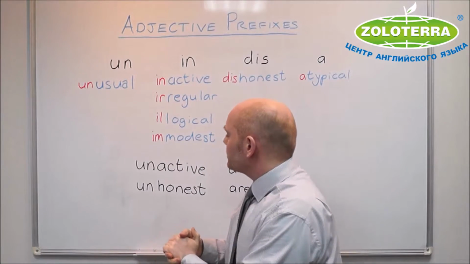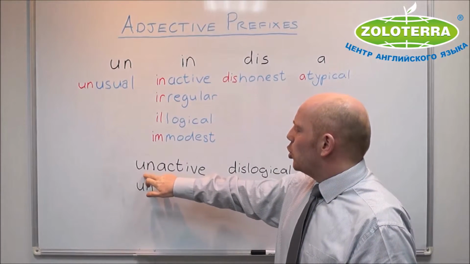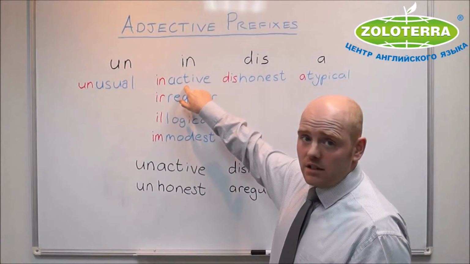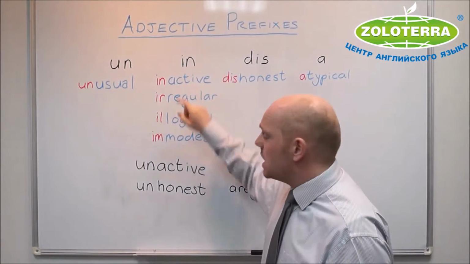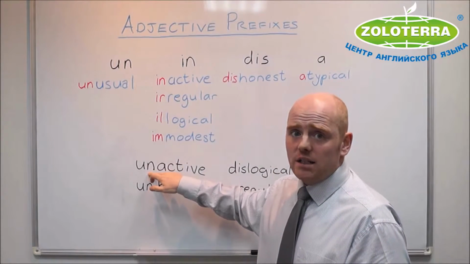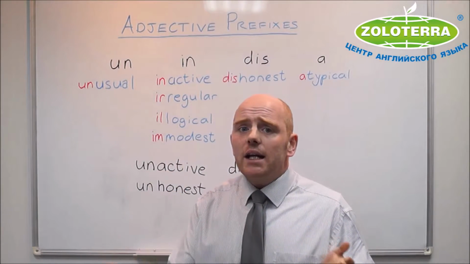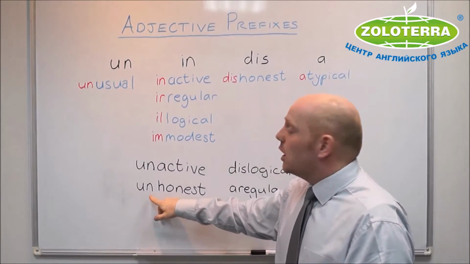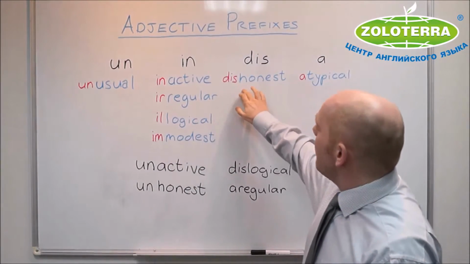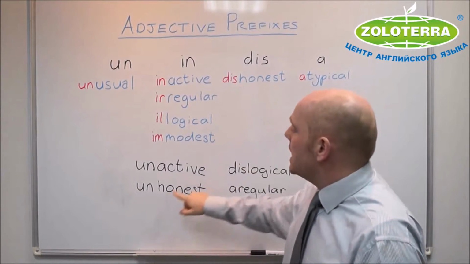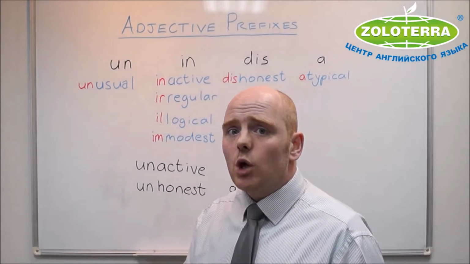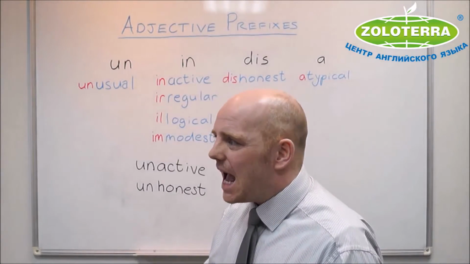For example, if you said unactive. Now, as I said, inactive is the correct opposite. However, if you said unactive, English people will understand you. If you say unhonest, the correct is dishonest, but if you say unhonest, again, an English person will understand you.